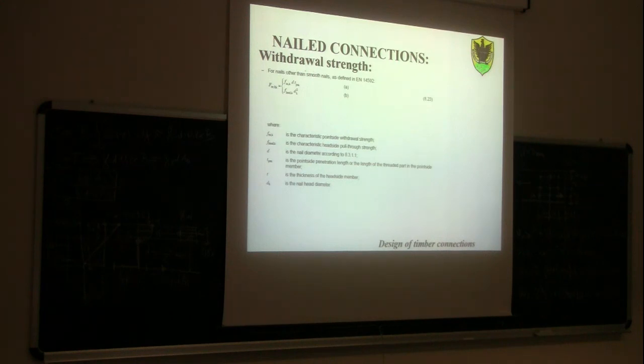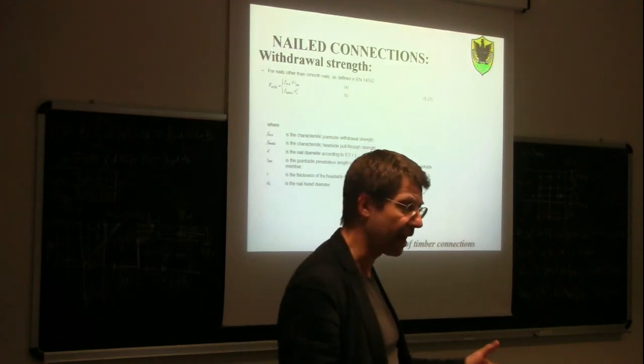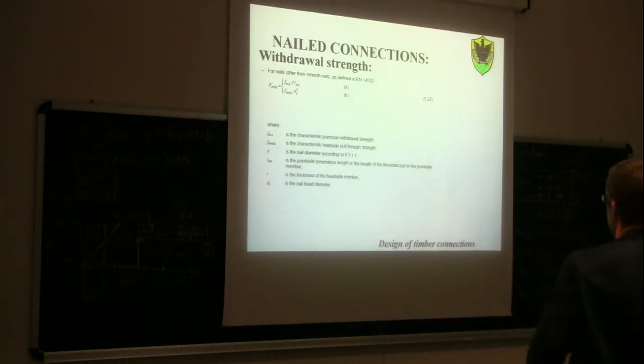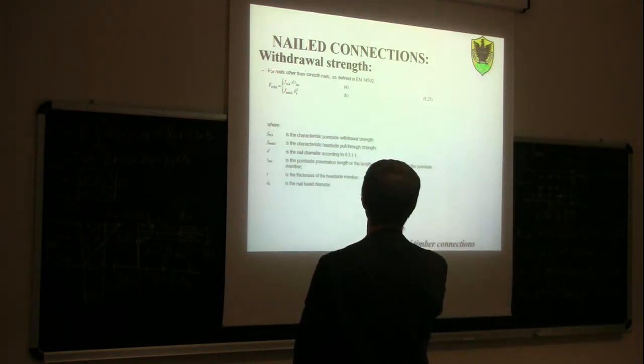This withdrawal resistance is important because we may need this quantity to predict what we call the rope effect in the Johansen equation, but also a nail could be subjected not only to shear but also to withdrawal force. So, the axial characteristic withdrawal capacity of the nail is given by these two relationships here, the minimum of these two.